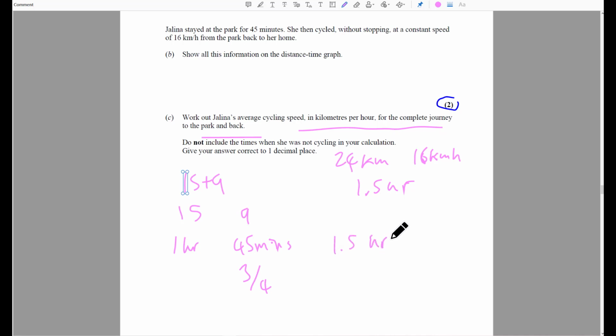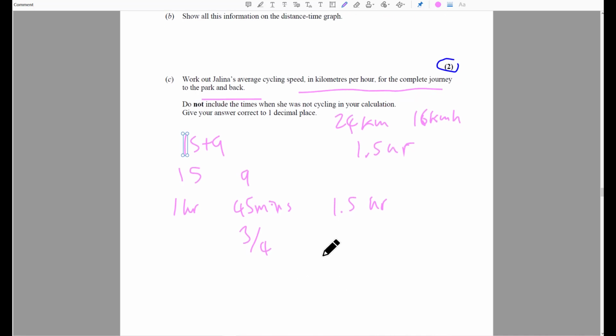So let's add up the total time in hours. 2.5 add 0.75 equals 3.25 hours. Okay, that's going to get us a method mark for sure.